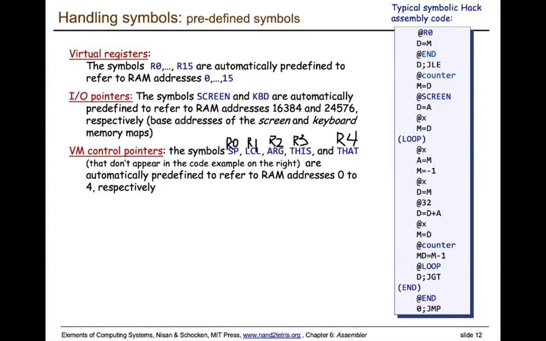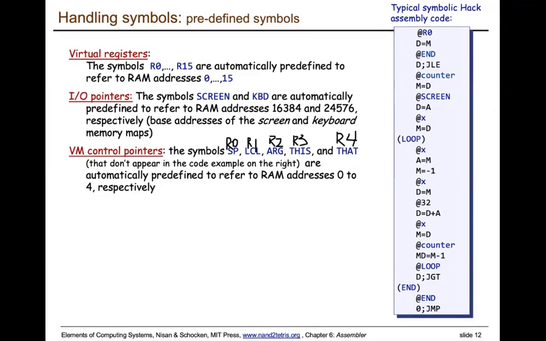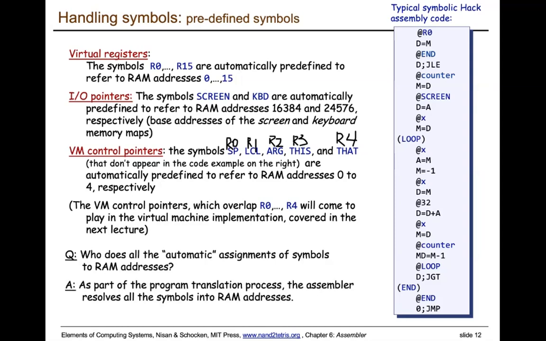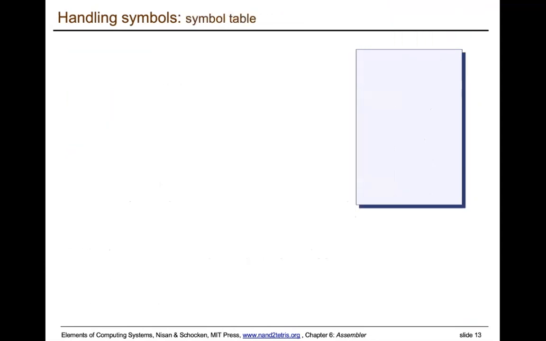And then R5 to R15 are used for the virtual registers, referring to memory from 5 to 15, which are also predefined symbols. So these are predetermined by the assembler. These are the predefined symbols.